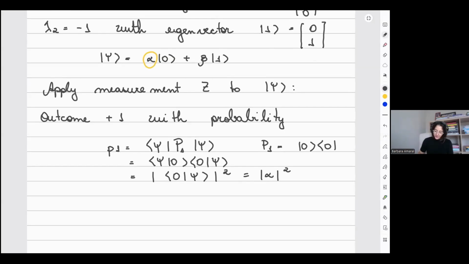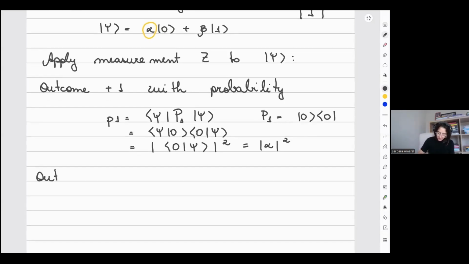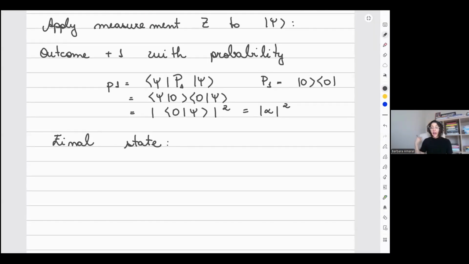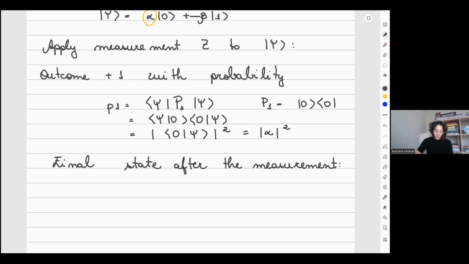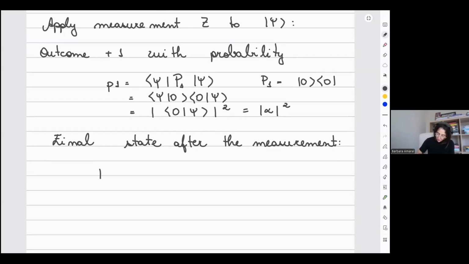And you have outcome -1. Oh, before that. The final state of the system after the measurement is P2 psi.